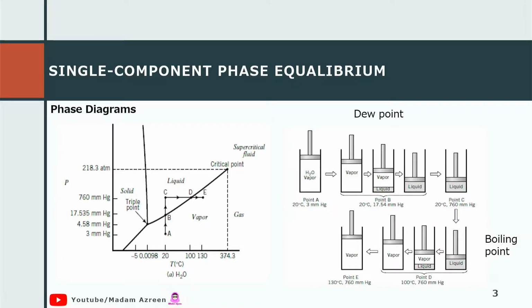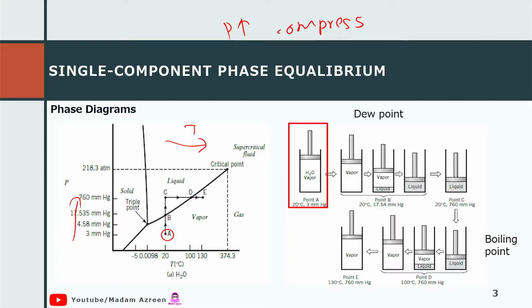Let's see what happens to the properties of water when we increase pressure or temperature. We start at point A, in which the water is a vapor at 20 degrees C and 3 mmHg. Remember, always consider temperature and pressure at the same time. At point A we have water vapor, and then we compress, meaning we increase the pressure.